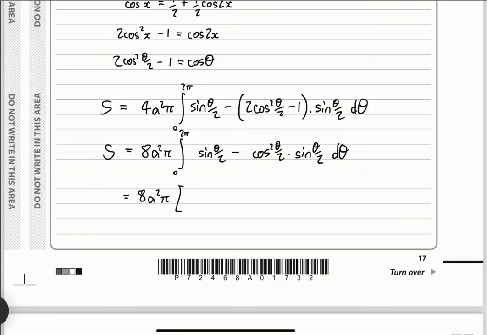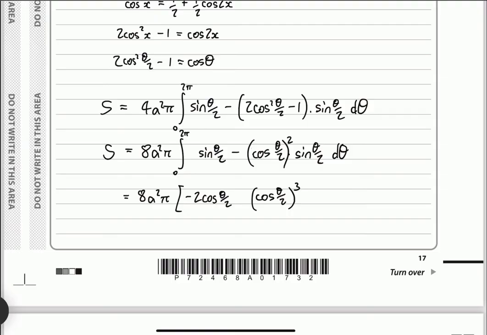and that will give us minus 2 cos theta by 2. And this one, if I just change slightly how I've written that, put that in the big brackets there, then that might make it easier to see why I know this has come from something like this.